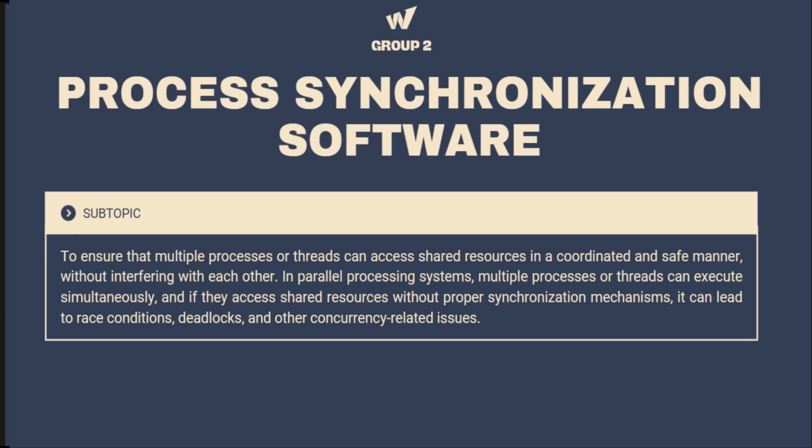In parallel processing systems, multiple processes or threads can execute simultaneously, and if they access shared resources without proper synchronization mechanisms, it can lead to race conditions, deadlocks, and other concurrency-related issues.